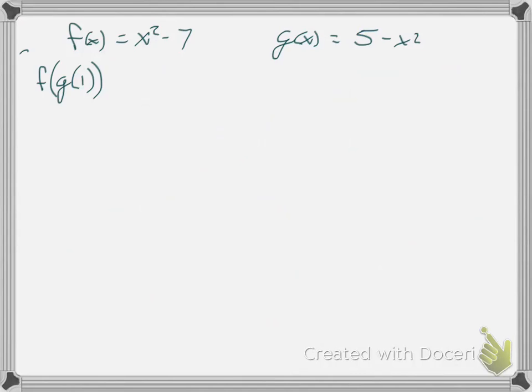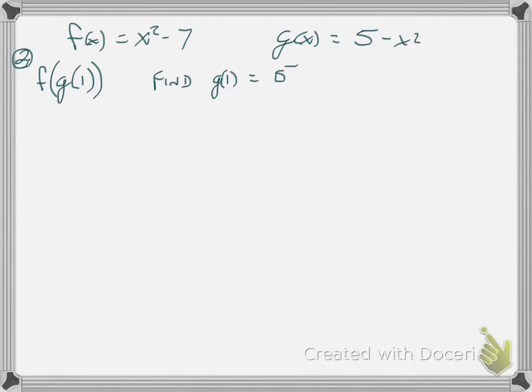So here's the different one. I have two different f of x and g of x functions, but the question is different. Instead of f of g of x, in this one I'm finding f of g of 1, which means I could do this two different ways. I could first find g of 1. To find g of 1, I'm going to plug 1 into the g function.